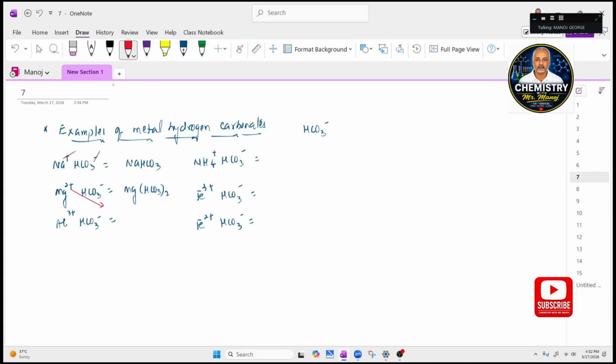Aluminium, once again, the 3 comes below; the 1 we just ignore. So Al(HCO3)3. Ammonium, and they cancel out each other. So that is NH4HCO3, done. This one is Fe(HCO3)3. Don't forget the bracket and the 3. Now there's one more thing. You must be able to name this correctly. So this is called iron 3.